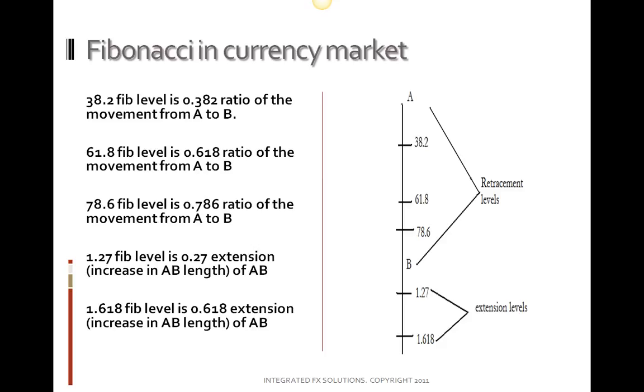The 38.2 Fibonacci level is a 0.382 ratio of the movement from A to B. When price is moving, once it moves to 38.2, we'll say it has retraced 0.382 of length AB.